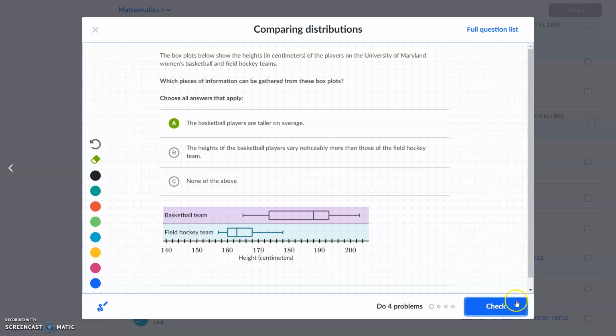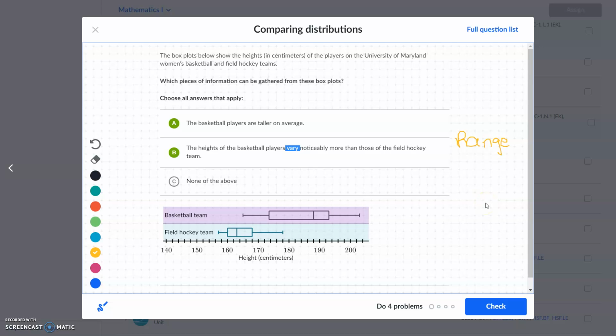Now, don't just click check yet. You've got to look at the other one, because there could be more than one answer. So let's look at the next one. This says that the heights of the basketball players vary noticeably more than those of the field hockey team. Now, varying, this is where we're talking about either range, they're spread out.